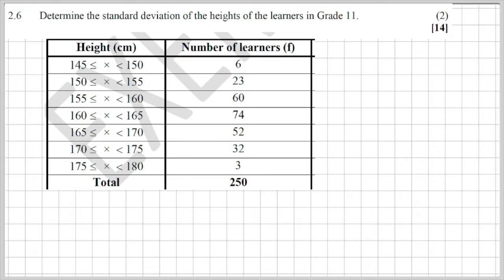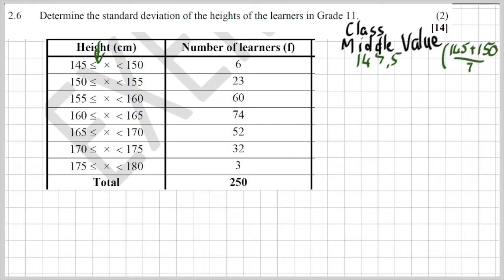So I'm going to have to get the number that is exactly in the middle of the 145 and the 150. And that is the class middle value. So which number is exactly in between 145 and 150? Well, that's 147.5, and a way to calculate it is 145 plus 150 over 2, just adding the numbers together and dividing it by 2, and then doing that for every single interval.